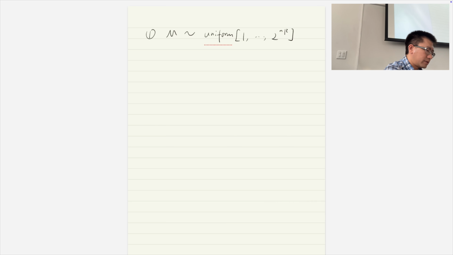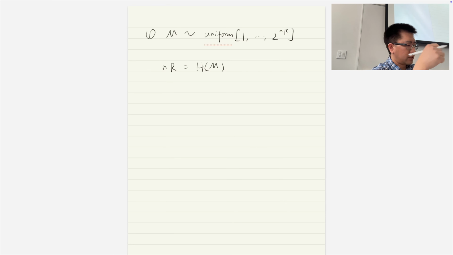Let's redo a little bit for the converse part. As we said before, we assume that the message follows a uniform distribution. Then what we do here is start from nR, and we can write that as H(W).